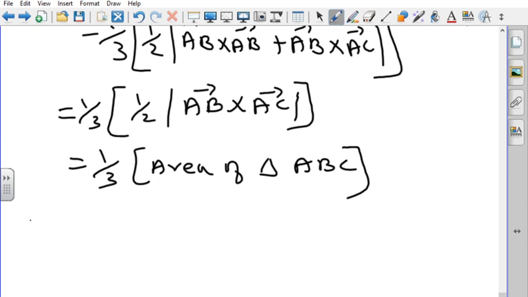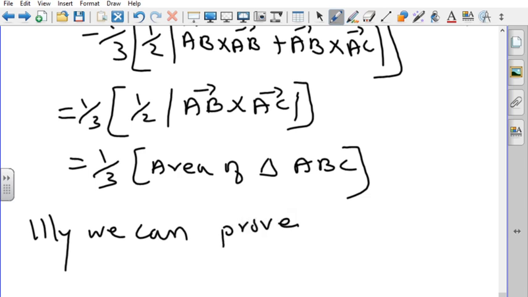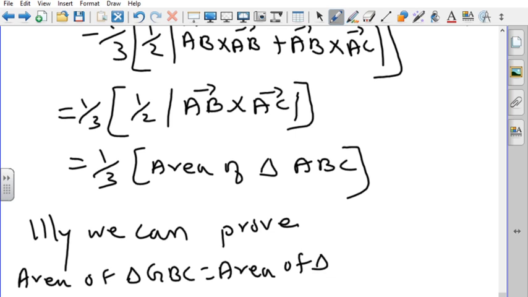So similarly we can also prove the other results. Similarly we can prove area of triangle GBC is equal to area of triangle GCA is equal to 1 by 3rd of area of triangle ABC.